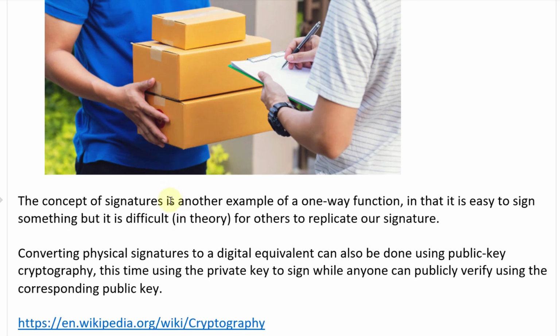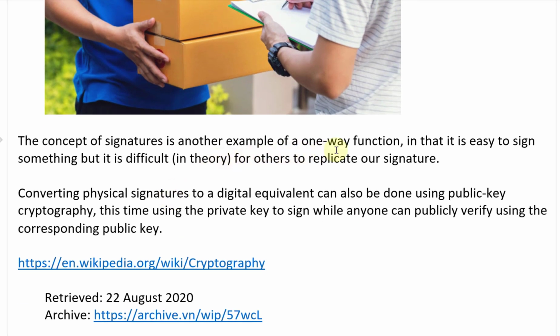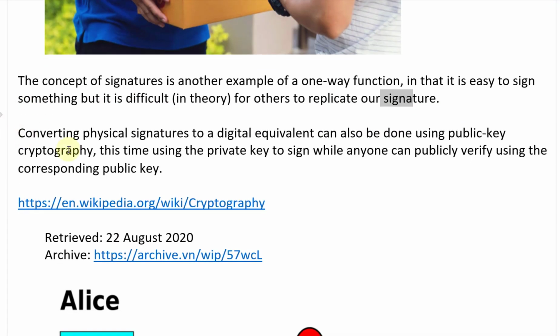The concept of signatures is another example of a one-way function in that it is easy to sign something, but it is difficult in theory, because you can always fake it, it is difficult for others to replicate our signature.